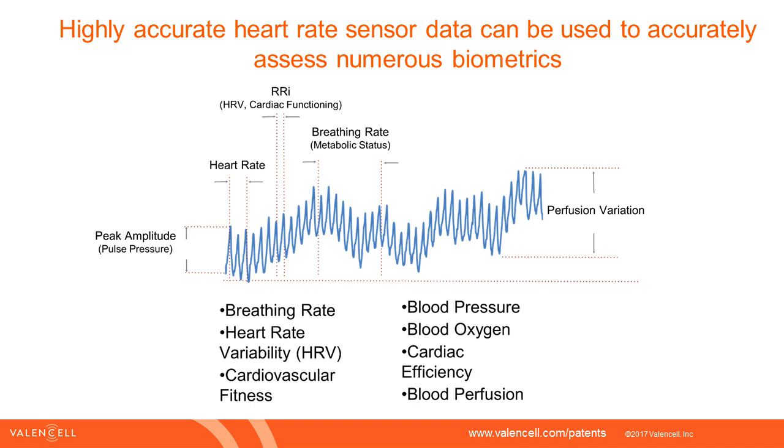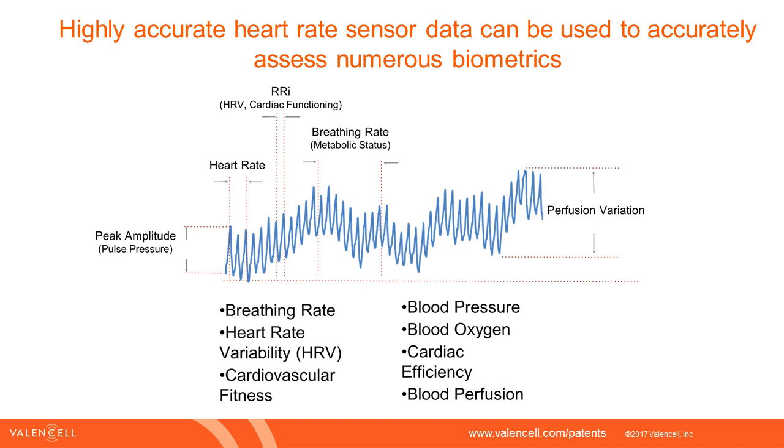If you look at the time between the different peaks, that's how you can understand heart rate. If you look at finer resolution between the peaks, you can pull out the RR interval, the time between the individual peaks, within milliseconds of resolution. The amplitude of each peak gives you the peak amplitude of the PPG wave, which is indicative of the pulse pressure of the person.